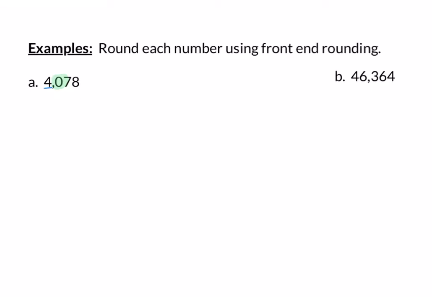And so do we round up or down? 0 is less than 5, so we're going to round down. I'm going to leave my 4 the same. And then I replace all other digits with zeros. So notice I have one digit that is not 0 followed by a bunch of zeros. This is correctly rounded. Let's look at a couple more.